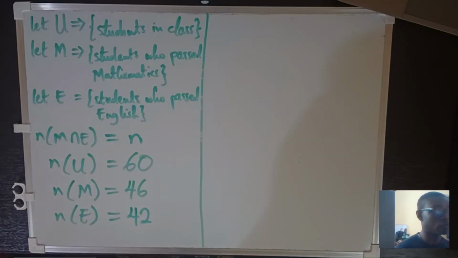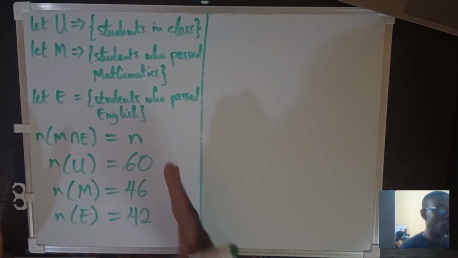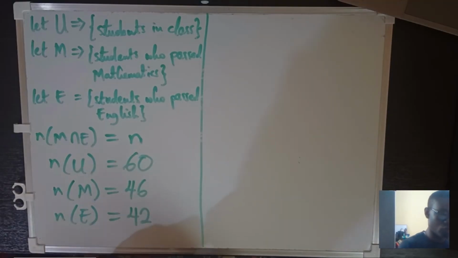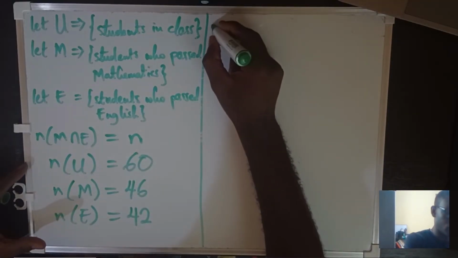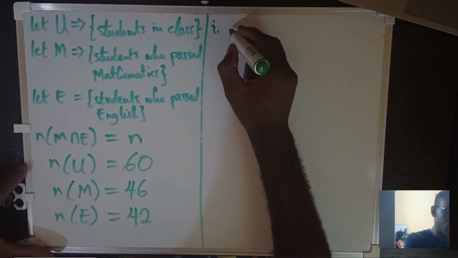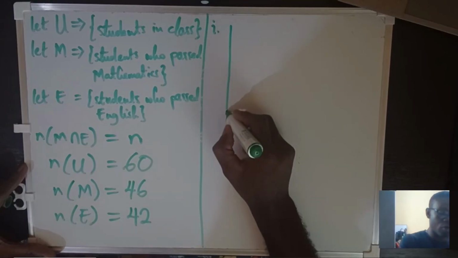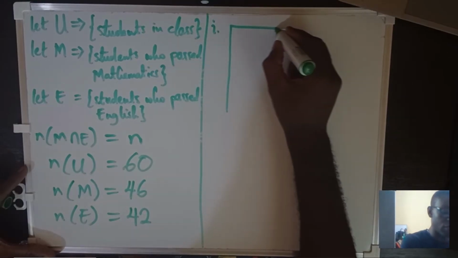The first part of the question says that we should illustrate what we have here on a Venn diagram, so that is what we are going to do. In part I, we are illustrating this on a Venn diagram. I have my rectangle nicely drawn.